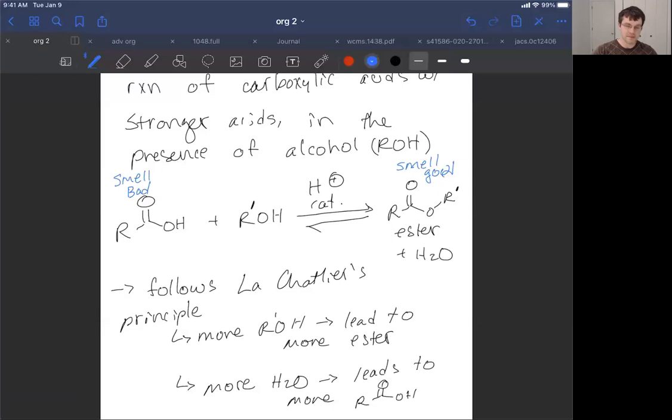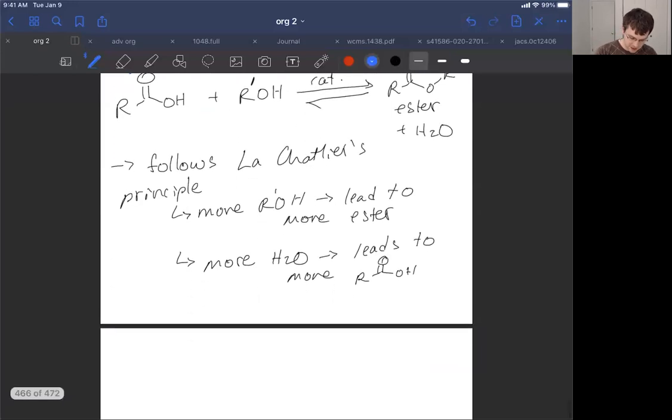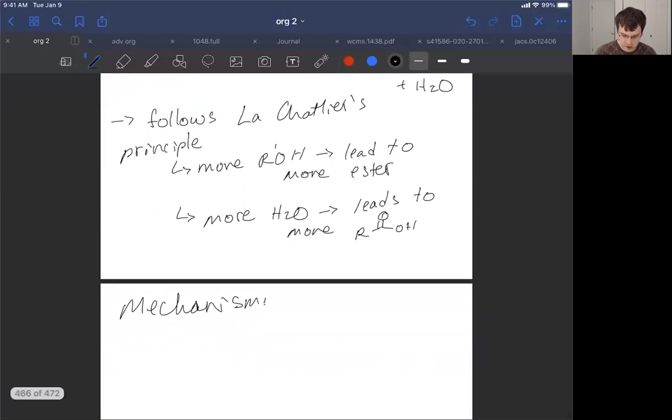Okay. Anyway, let's go through the mechanism of this. Black pen here. The mechanism is, and I'm going to use this term quite a bit in this module, the addition-elimination reaction.